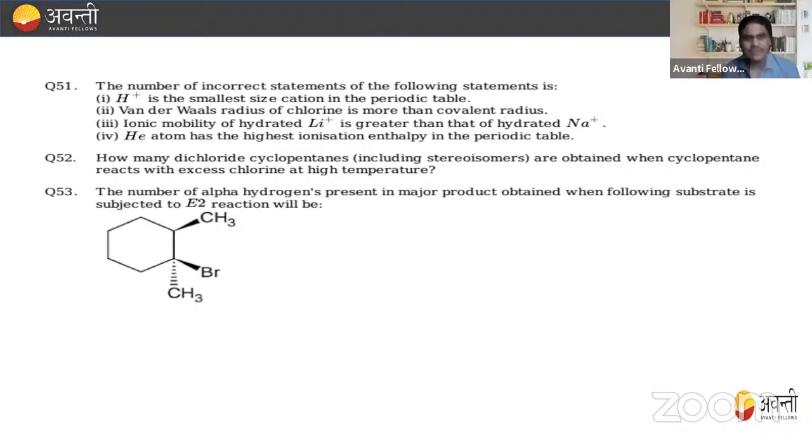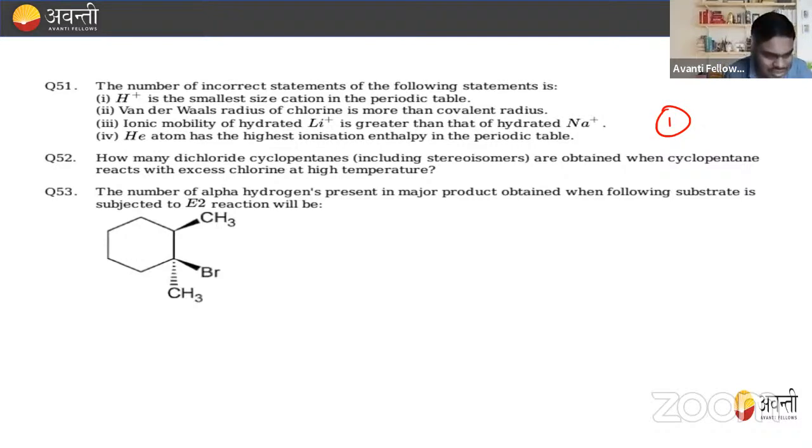Next, van der Waals radius of chlorine is much more than the covalent radius. Ionic mobility of lithium ion is greater than that of hydrated sodium. This is correct. He atom has the highest ionization enthalpy in the periodic table. This is also correct. So which of the following is incorrect, beta? That is the first. Okay. So there is only one incorrect statement. That's the first one, that is H plus is the smallest size cation in the periodic table.